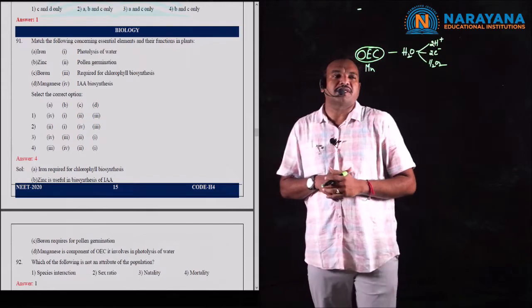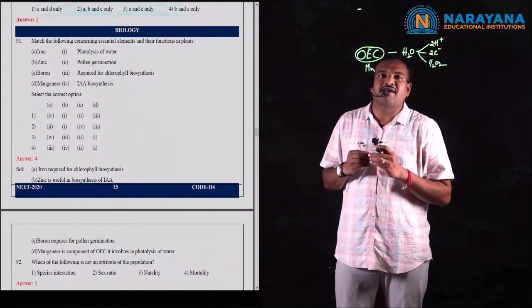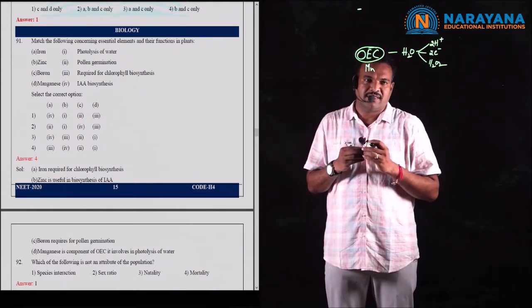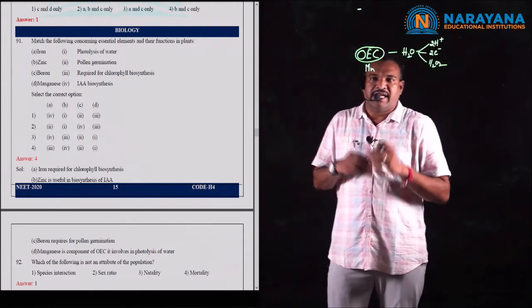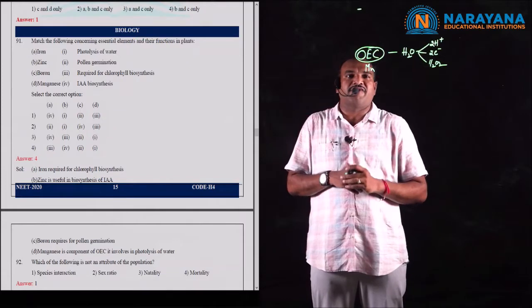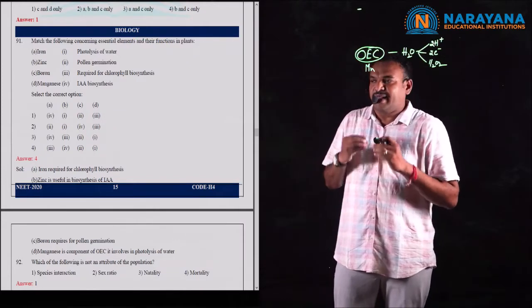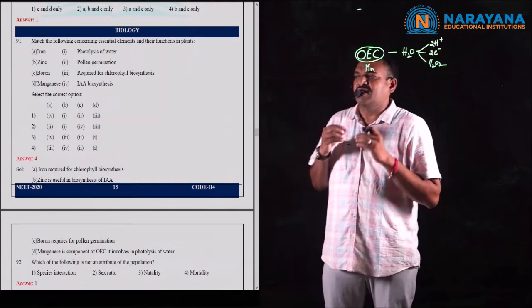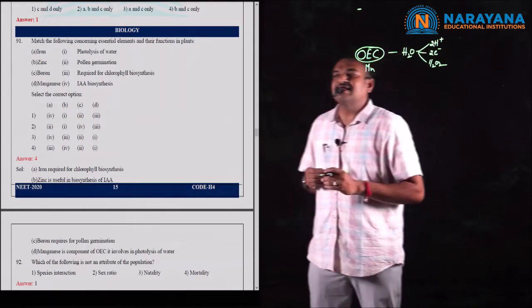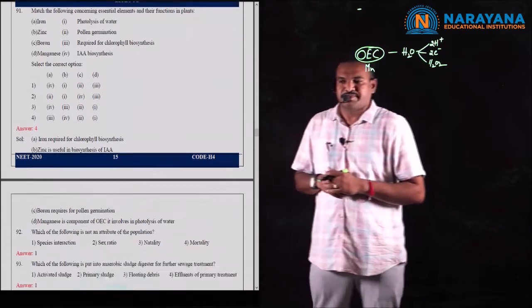Breakdown of water in the presence of light is catalyzed by the oxygen evolving complex, and manganese is a component of it. That means manganese is required for photolysis of water. The right option for question number 91 is the first option.